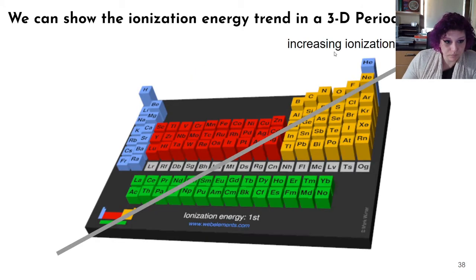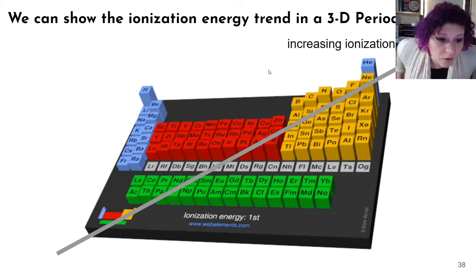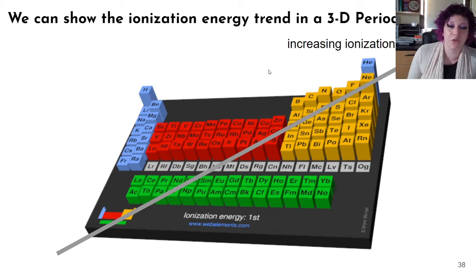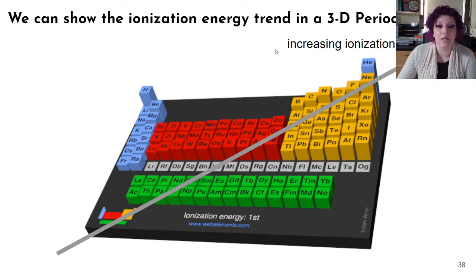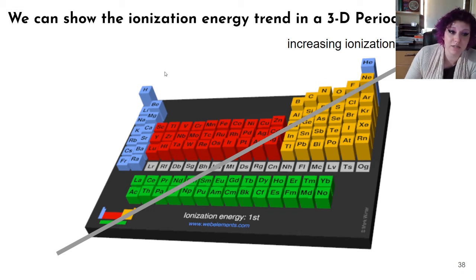All right. We can also show this trend in more of a 3D periodic table. And I like these a lot better than just the color coding. I think this is easier to see: look, the relative height is a lot different. As we go towards the top right, we have very high ionization energies. Over on the left, these are lower, not as much ionization energy required.